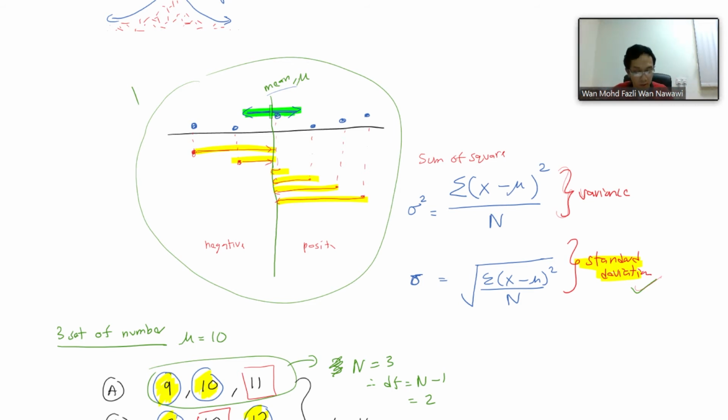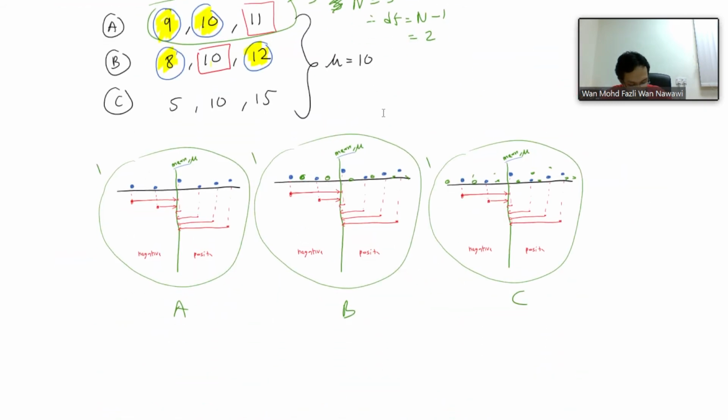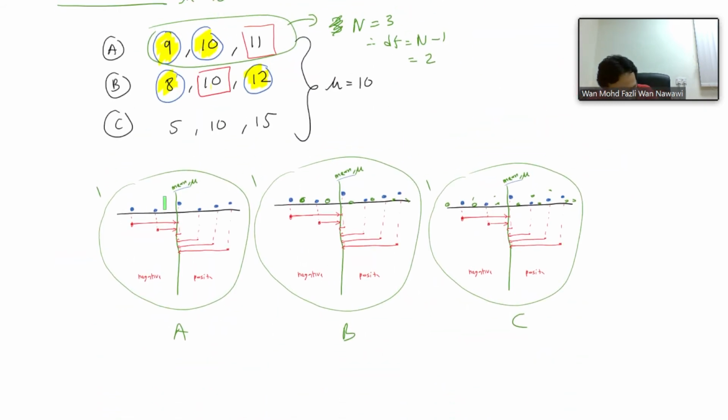Let's say I draw the standard deviation like this, and I put a different color for each. Blue is maybe like this, and here is maybe like this. So that is the standard deviation for A, for B, and for C.